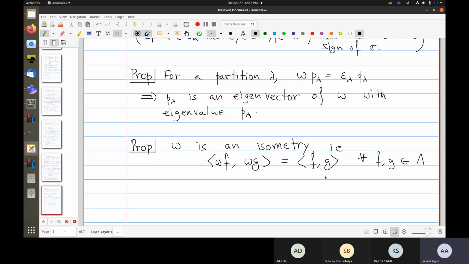So these two structures, this endomorphism and this inner product, are not completely random objects.